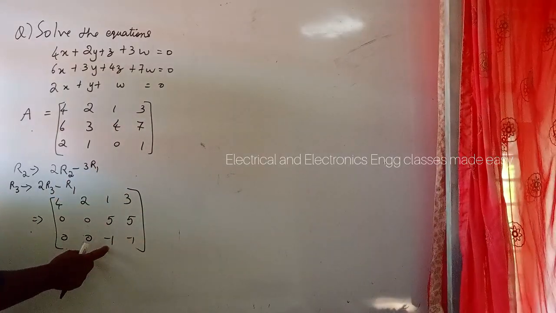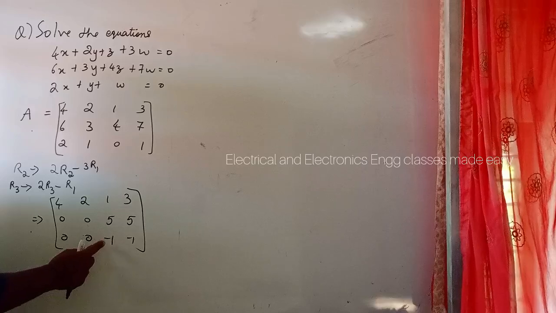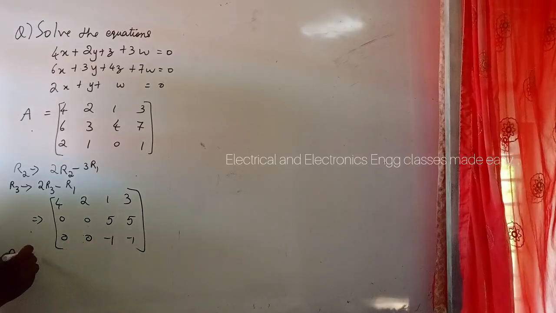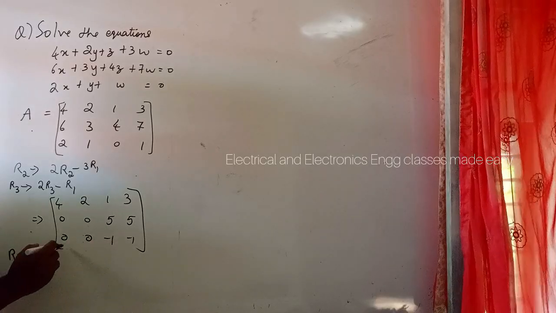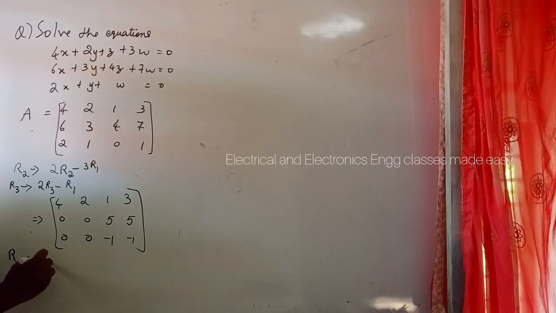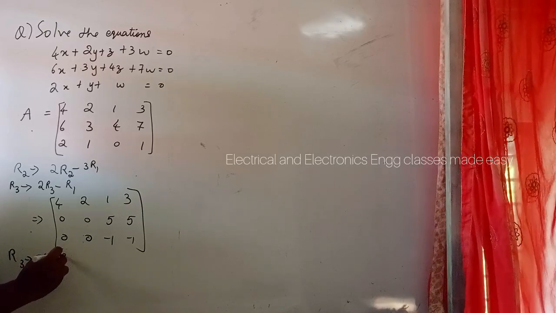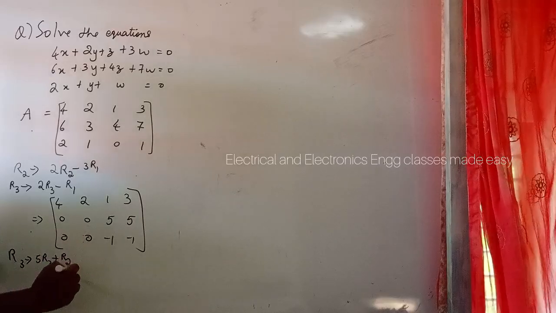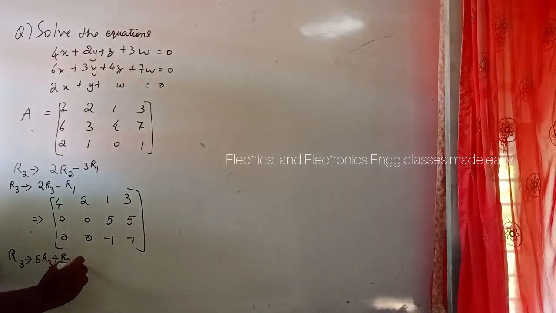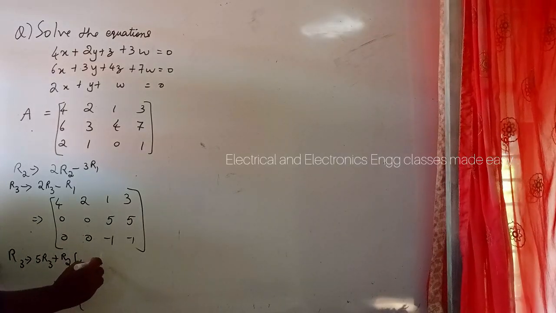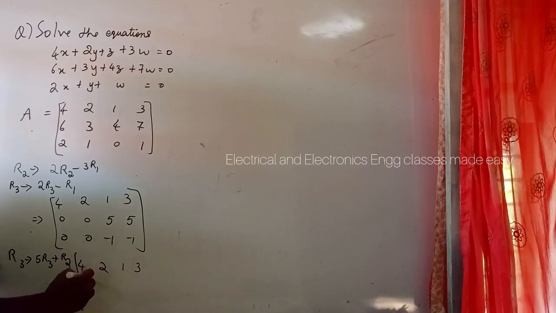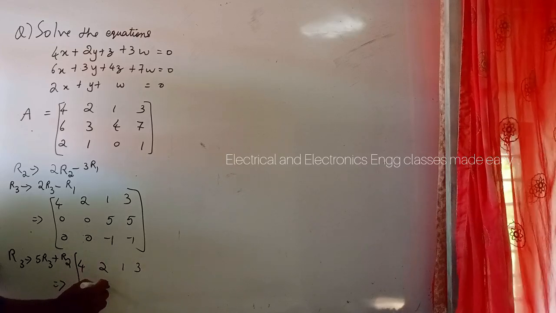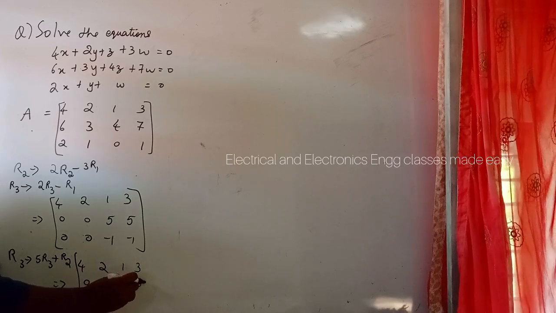Now let us make these elements 0. That is, let us do the operation. R3 implies 5 times R3 plus R2. So here we will get 4, 2, 1, 3, 0, 0, 5, 5.